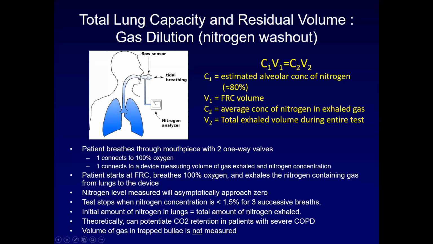The nitrogen level will be measured in the device, and then it will asymptotically approach 0. You will effectively wash out all the nitrogen in the patient's lung. The test stops when the nitrogen concentration is less than 1.5% for 3 successive breaths. And the initial amount of the nitrogen in the lung is equal to the total amount of the exhaled nitrogen.